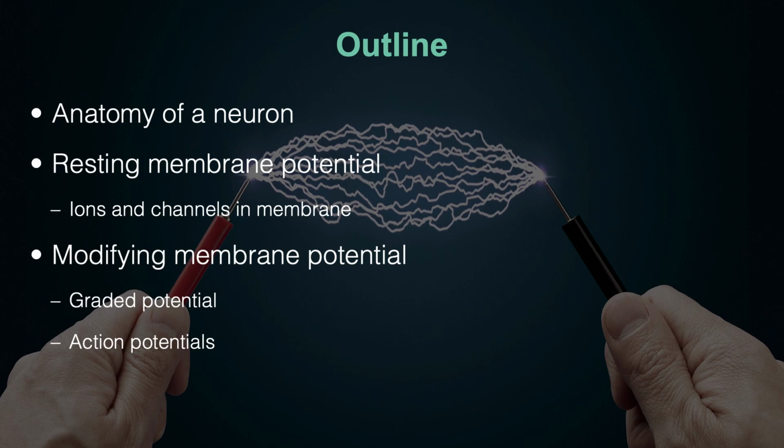There is a charge in the neuron at rest. We don't have to know what membrane potential means yet, but we're going to learn that in a fair bit of detail. And then we are going to modify that membrane potential. From a resting situation, how does that charge change? Does it go up? Does it go down? Does it change quickly? Does it change slowly? Where does it go if it changes?